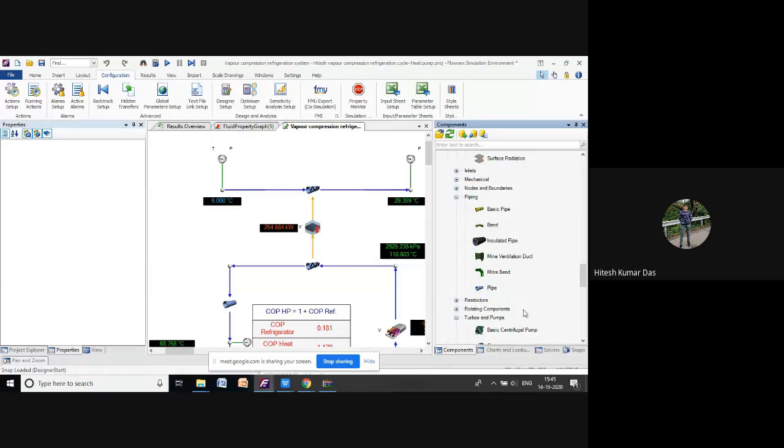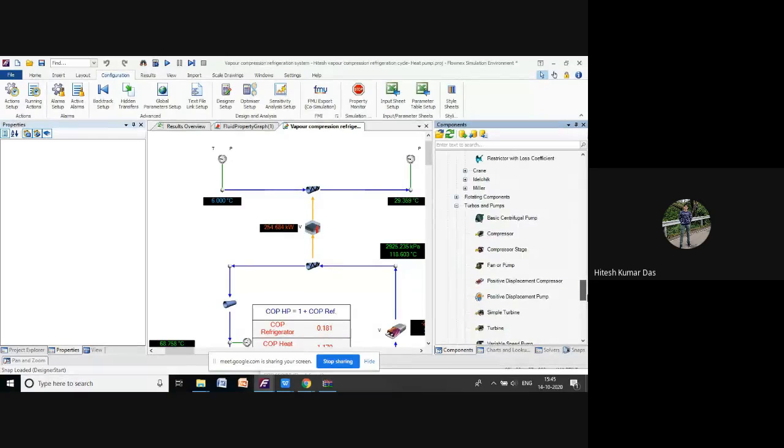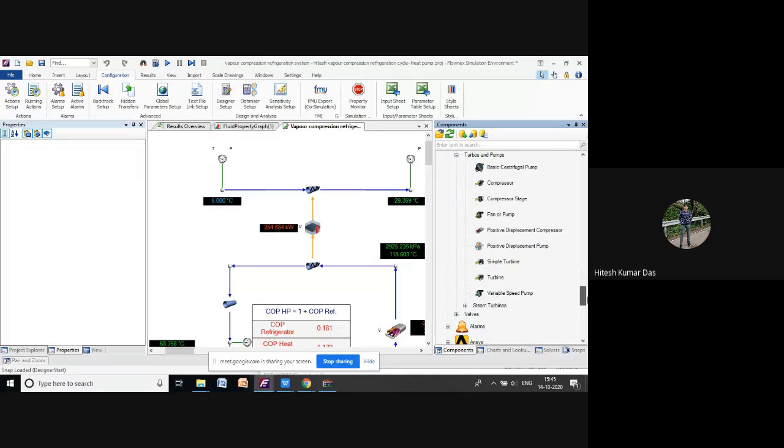This is normal pipe. This is the restrictor. Restrictor means types of valve. Restrictor with discharge coefficient, we can assign your discharge coefficient through this valve. This is the loss coefficient. Loss coefficient you can assign here. This is all about the components, and you can see here all types of pumps and turbos. You can see compressor stages. If various stages are there in the compressor, you can assign here. Fan and pump, positive displacement compressor, simple to complex turbines.